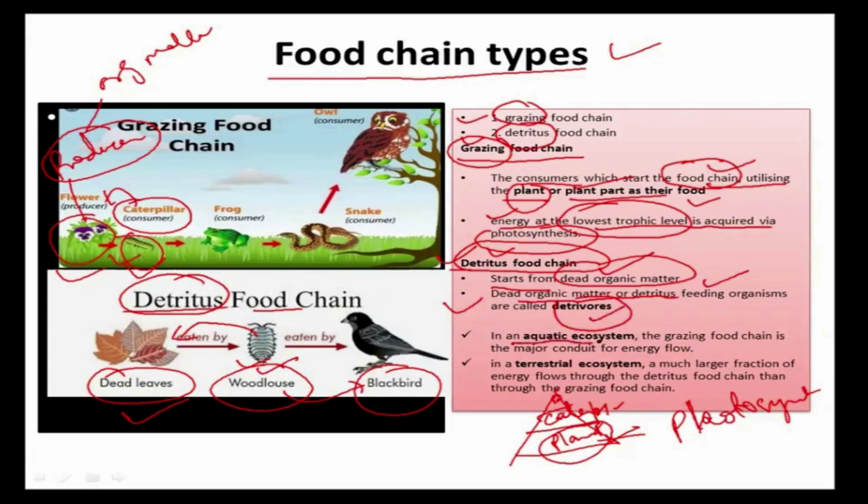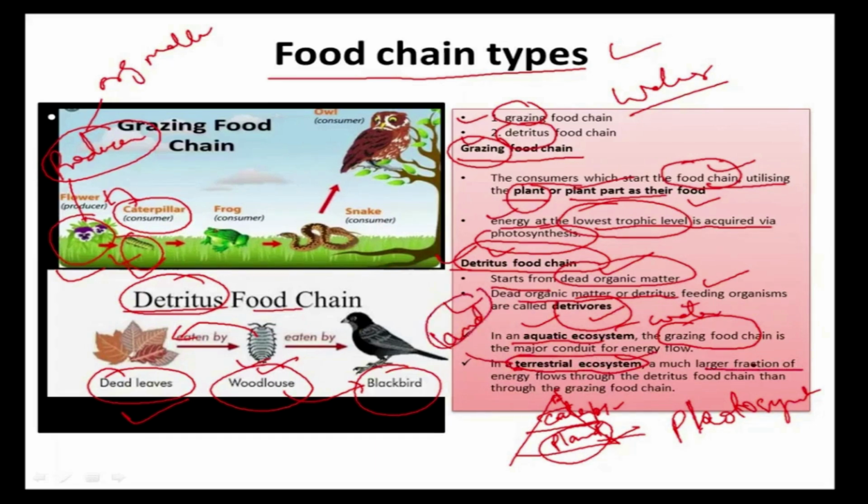If we see the aquatic ecosystem, meaning the water ecosystem, ocean, sea, rivers, lakes, in this type of ecosystem the grazing food chain is the major conduit of energy flow. But in the terrestrial ecosystem, meaning the land ecosystem, like the forest, the major fraction of energy flows through the detritus food chain.